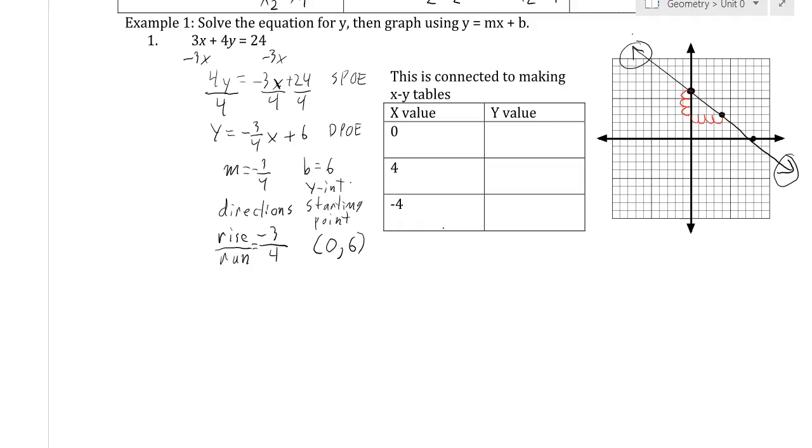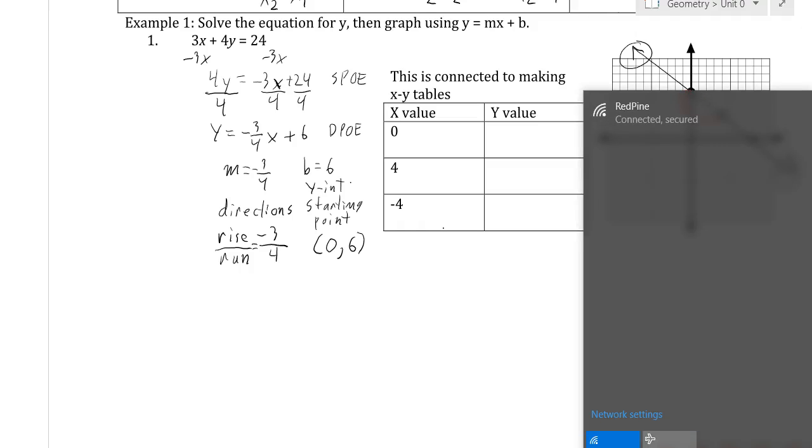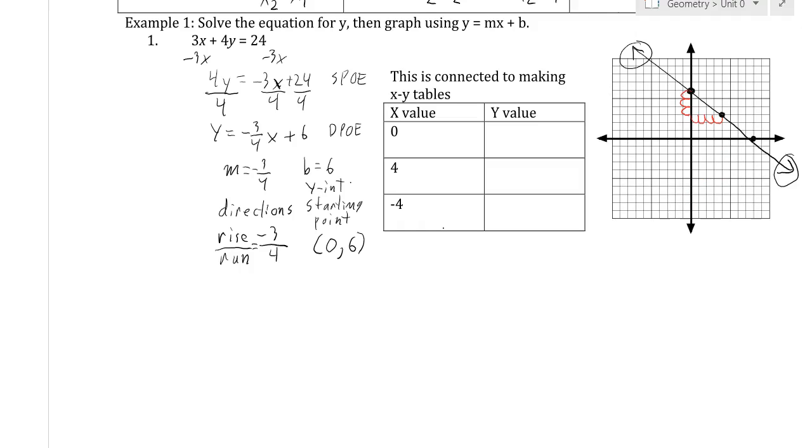If I pick x is 0, I get 3 times 0 plus 4y equals 24. 3 times 0 is 0. 0 plus 4y is 4y. And dividing by 4, y equals 6. There's my point in my XY table. X is 0, y is 6.